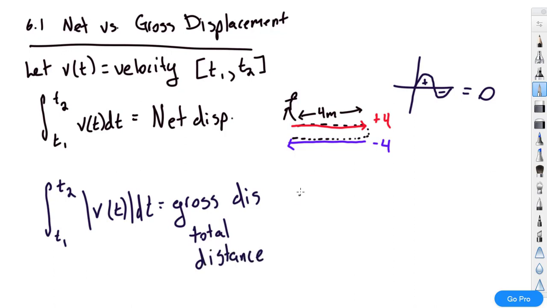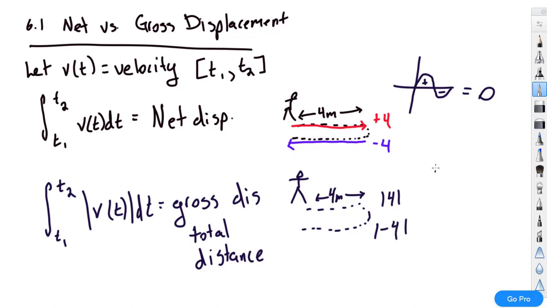So now when we're looking at the same person, let's say that they went the same distance. Now, we're doing 4 meters, this distance here, only we're doing the absolute value of both distances.